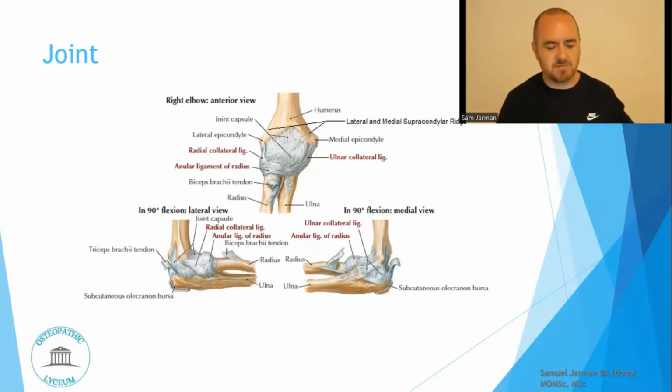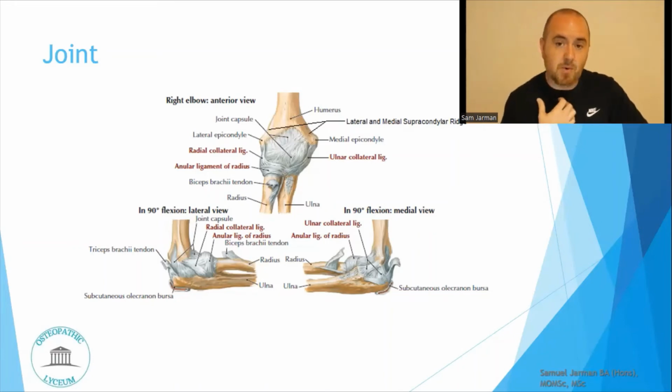So you've got a bunch of ligaments around here. You've got them going from the humerus to the ulna, and then from the ulna to the radius, and then you have them from the humerus to the radius as well. So you've got a bunch that are going to blend in. You've got joint capsule, and then you've got these divisions of that. So it just basically looks like a big old mess.